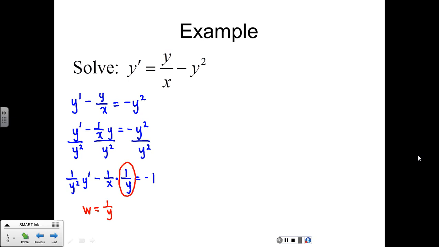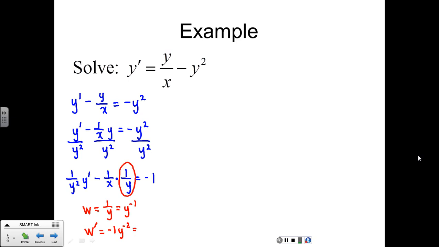So what would w prime be? Taking the derivative of y to the negative 1, negative 1 y to the negative 2.